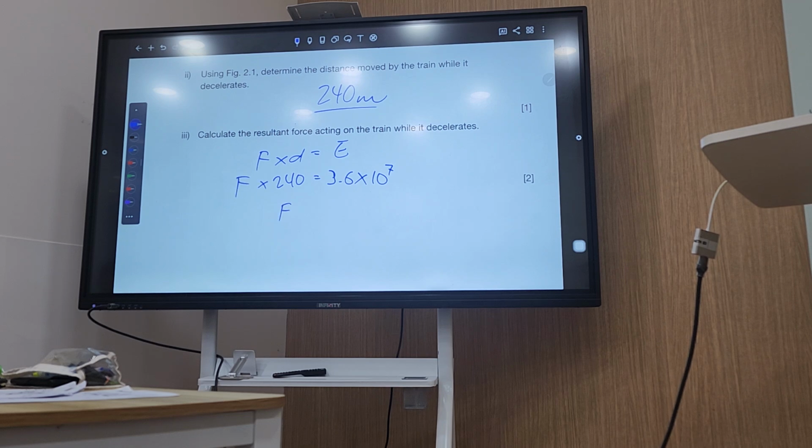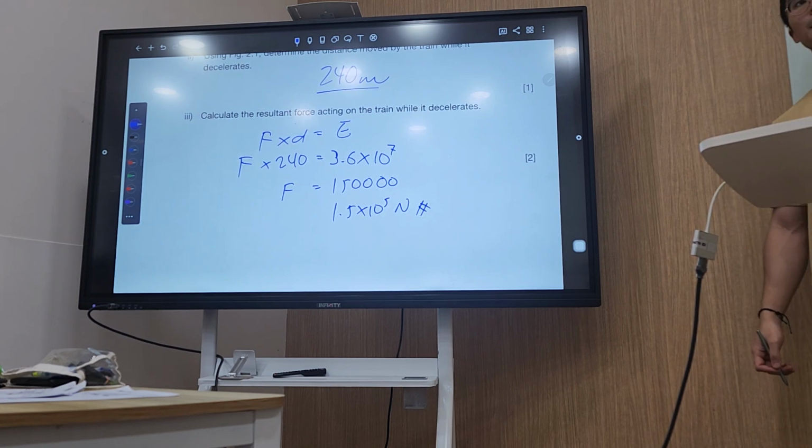Then you calculate force. 150,000, or 1.5 times 10 power 5 newtons. Are we okay with this?